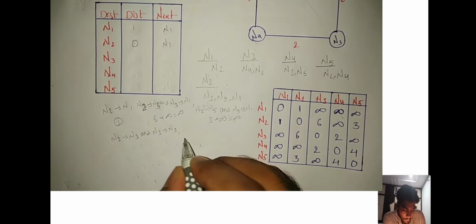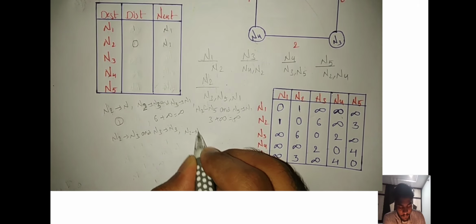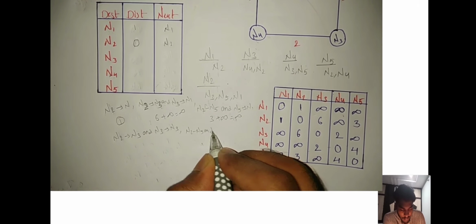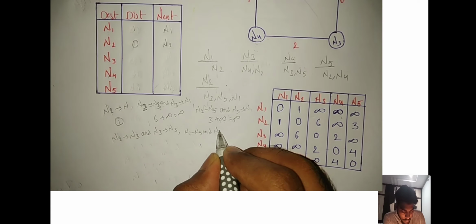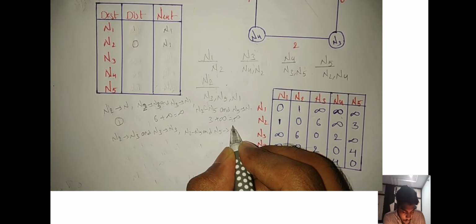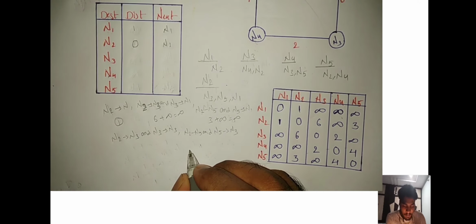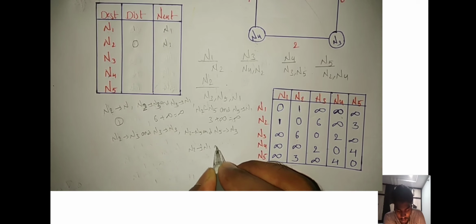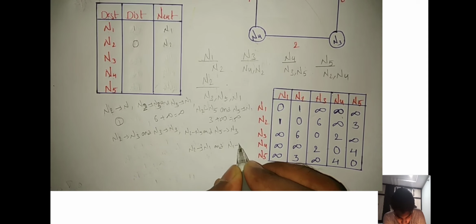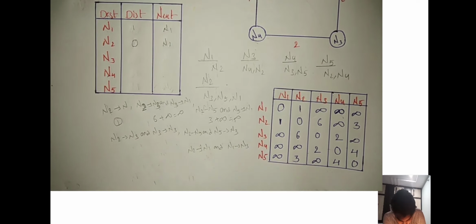The second path is n2 to n5 and n5 to n3. And the last path is n2 to n1 and n1 to n3. These are the 3 paths.